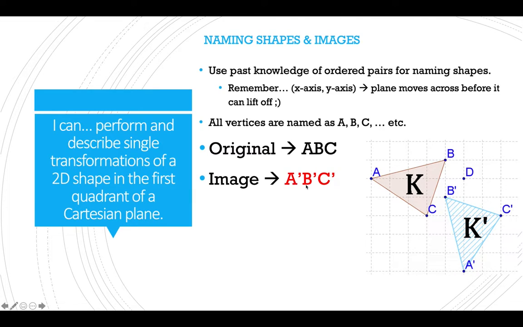Basically, it means the new image. If we have one little tick, it means this is the first transformed image. Hopefully that makes sense. So the original is triangle ABC, and triangle A prime B prime C prime is the new image.